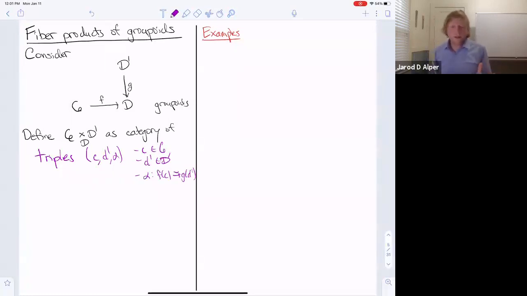This is an added level of complexity compared to fiber products of sets or schemes, where you're just parameterizing elements C and D prime that agree in D. But now, since these are categories, we shouldn't say agree, we should say isomorphic, and include that isomorphism as part of the data.